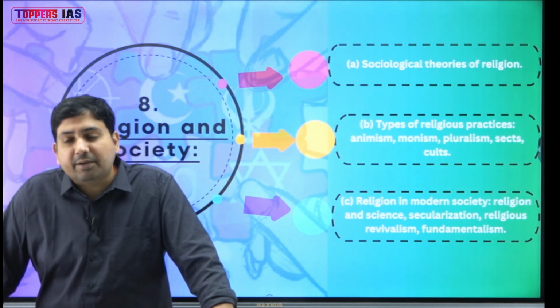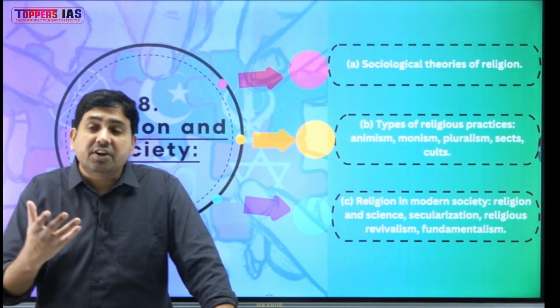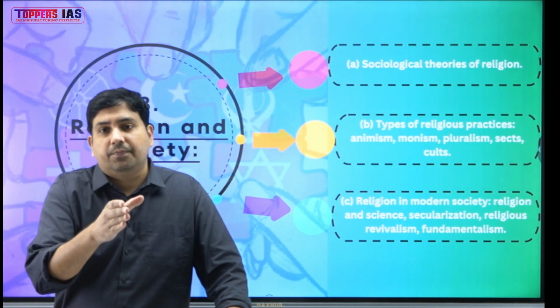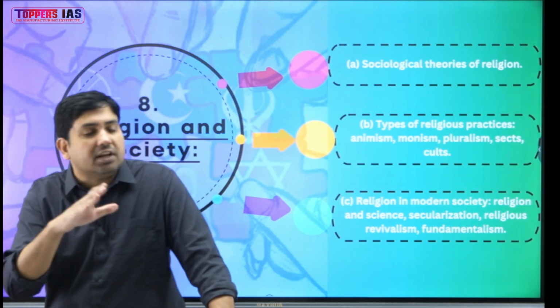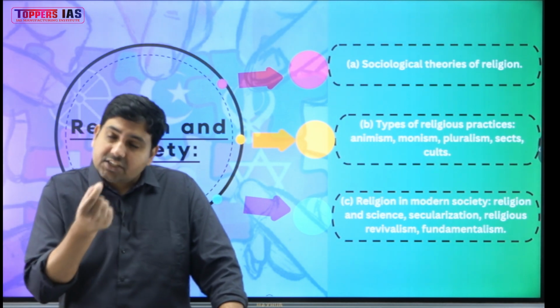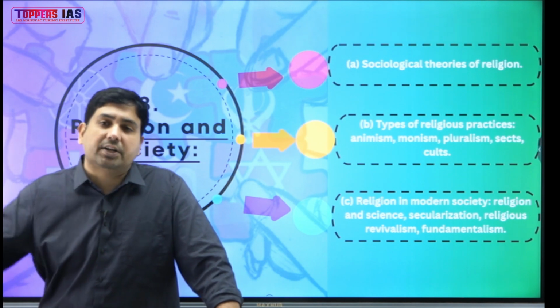And then there is fundamentalism. What is fundamentalism? It is a strict literal adherence to the basic principles of a religion. And actually it involves total rejection of modern secular values, and there is a desire to return to traditional religious forms.